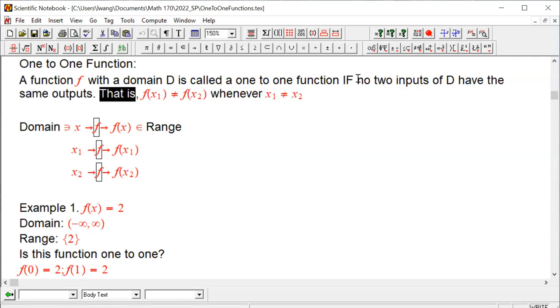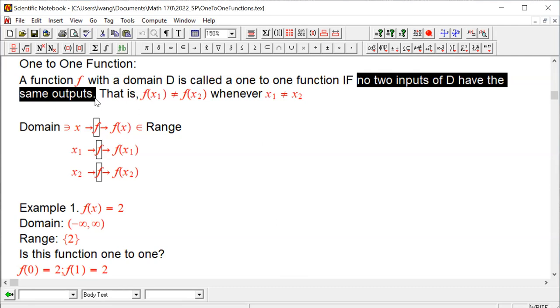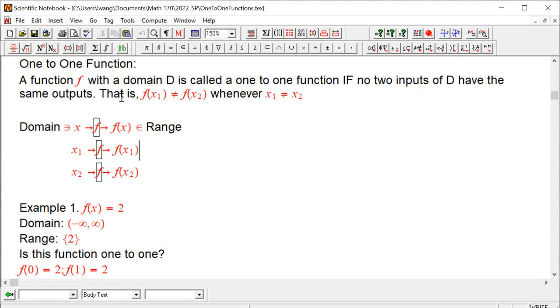To explain what that means: for any inputs from the domain, x sub 1 and x sub 2, they're both from the domain.